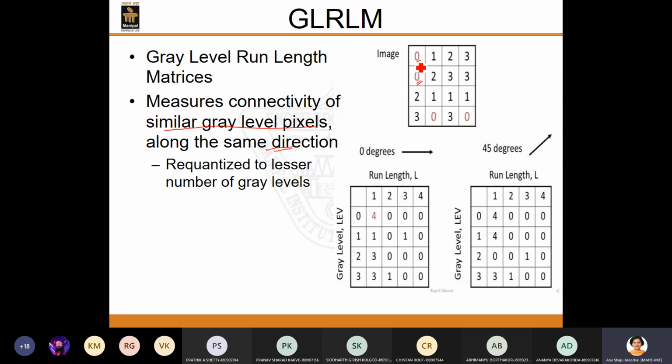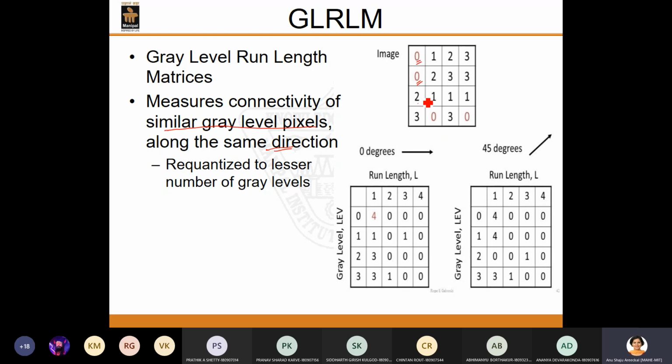For example, if I'm considering 0 here, the pixel intensity value is 0 here. What run length means is, for adjacent pixels of the same intensities, how long do they run along the image in a particular direction. Okay, so like that we can calculate.